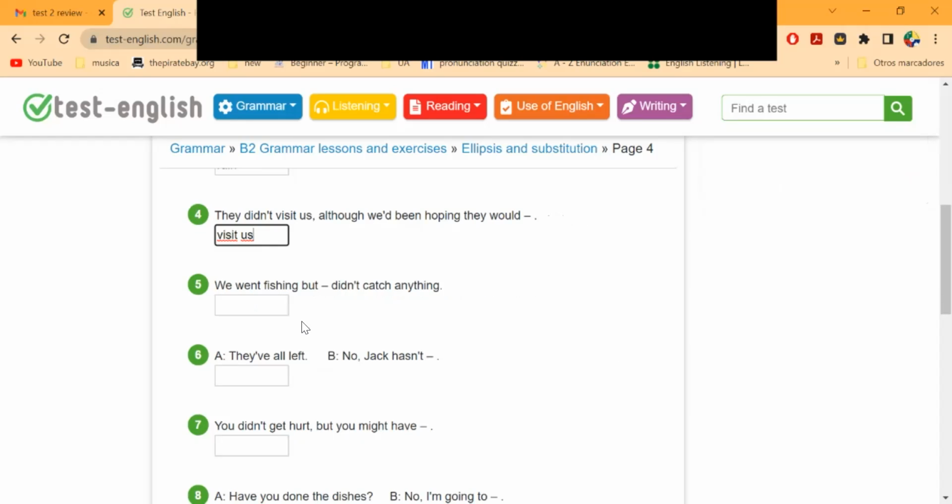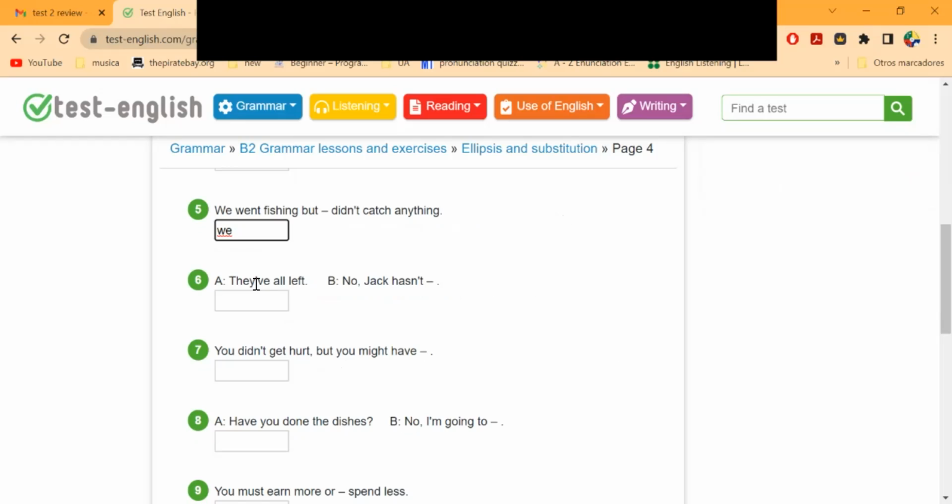We went fishing, but didn't catch anything at all. Aquí. Creo. They've all left.